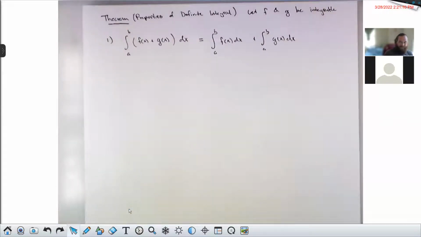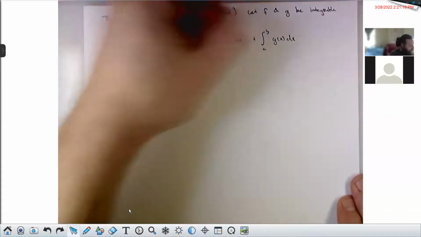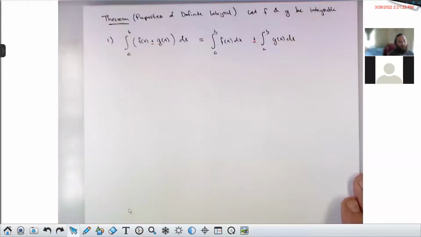So the integral plays nice with addition. It also plays nice with subtraction. So if that was a minus, this would be a minus here.